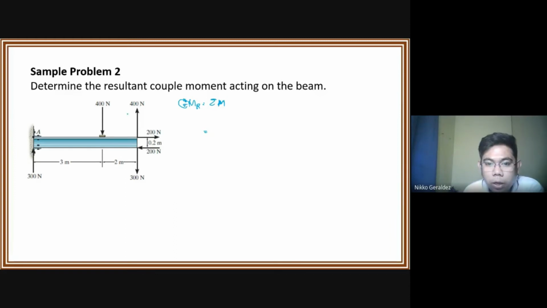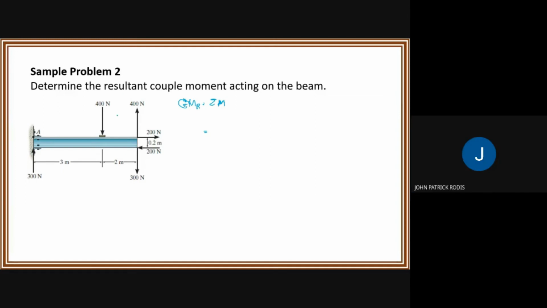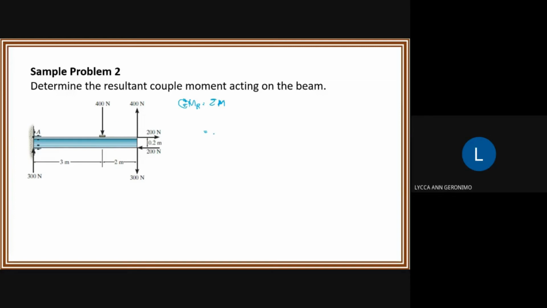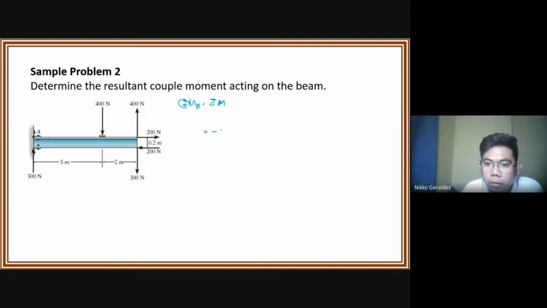Una, 400 Newtons, counterclockwise, so that is negative 400 Newtons times perpendicular distance, 2 meters.